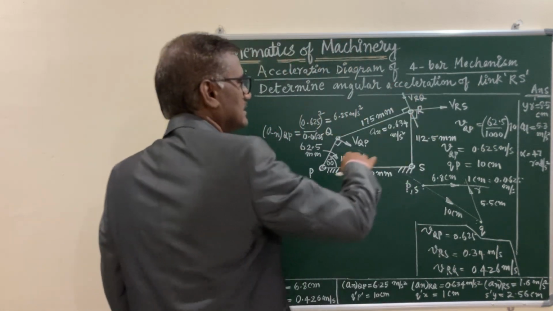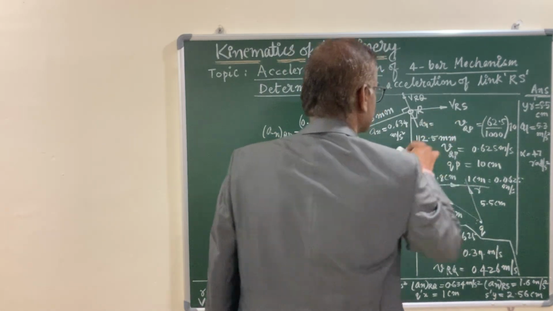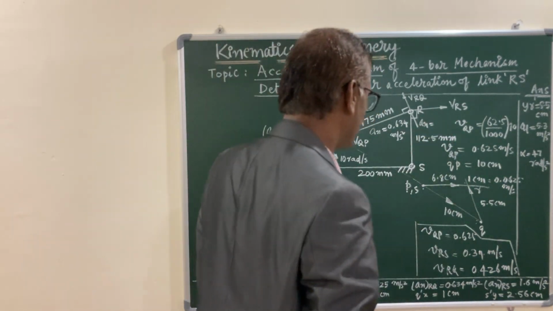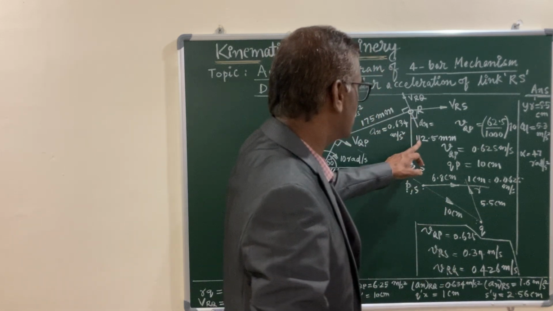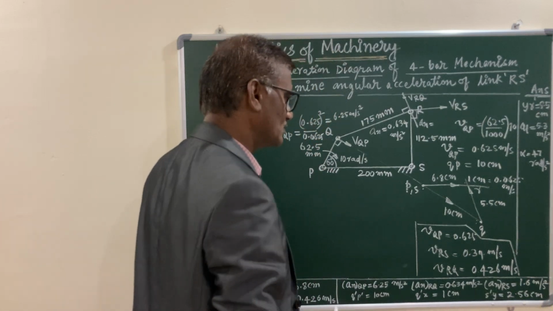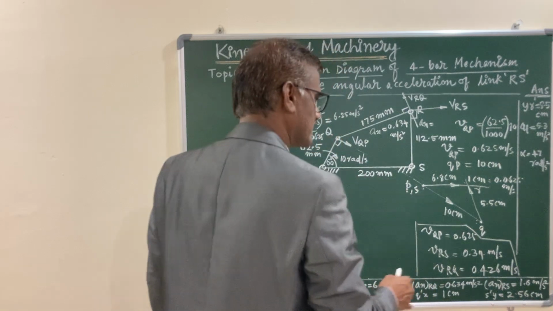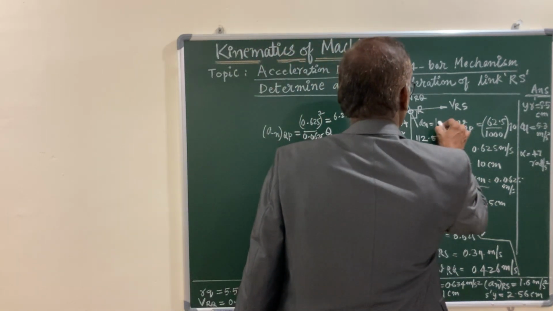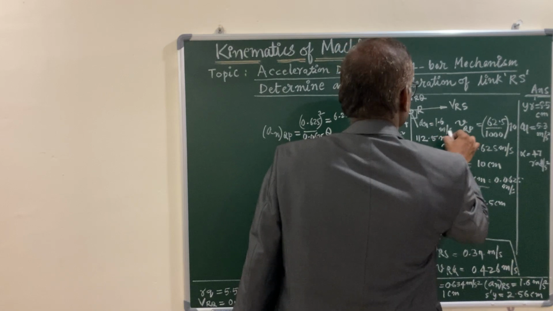And finally, the normal component of acceleration of rs is v square, velocity of rs, that is 0.34 whole square by the length of the link 0.1125 in meters. That gives you 1.6 meters per second square.